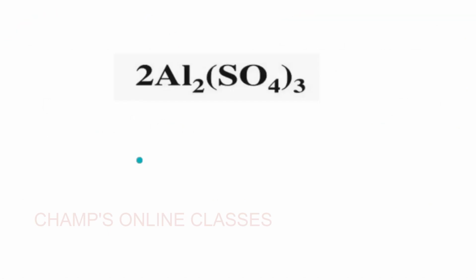Now one more major doubt of students is how to calculate the number of atoms when they are written in brackets. So let's see. How many aluminium atoms are there? The coefficient is multiplied by the subscript of aluminium. So 2 into 2, that is 4 aluminium atoms.